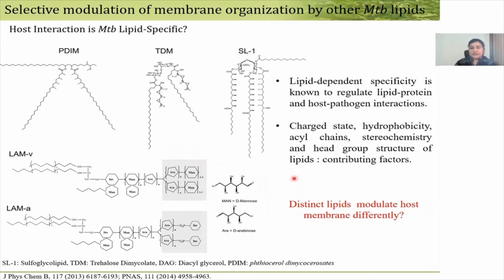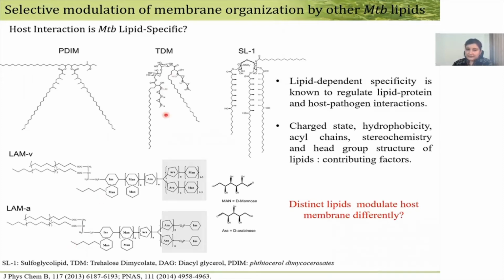Next, we asked whether this modulation of the membrane organization is selective to sulfoglycolipid 1, or whether mycobacterial lipids of other structures are also capable of affecting the plasma membrane organization.